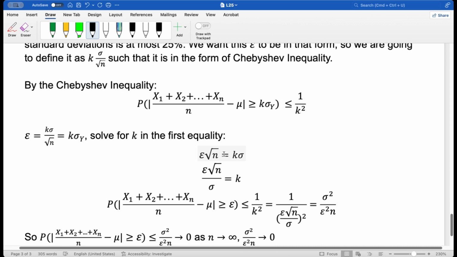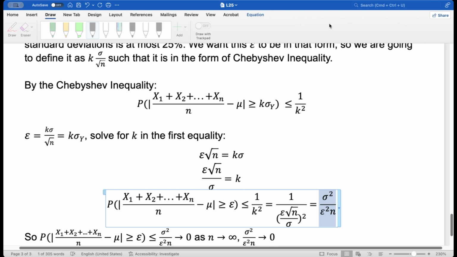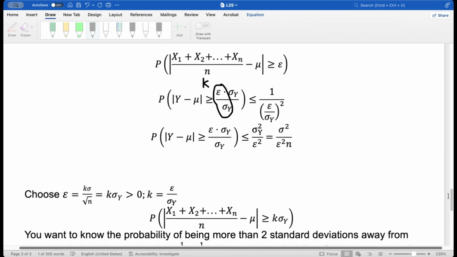Now sigma y is sigma over root n, and so basically we flip that over, and so we get epsilon times root n over sigma in the denominator squared, and again, that flips over upside down, so we do end up in the same spot. Sigma squared over epsilon squared times n. So again, 2 different ways to arrive there.